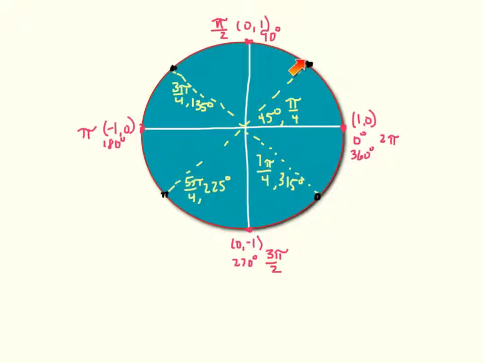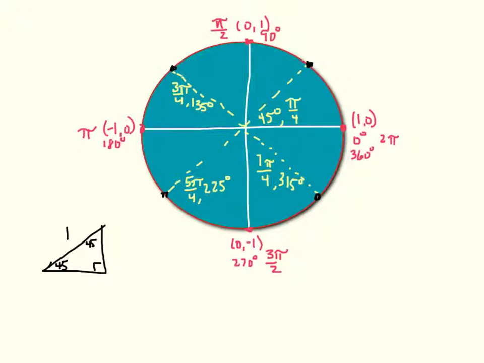I'm going to drop a 90-degree angle. This is 45, so this other angle must also be 45 degrees. The radius of the unit circle is 1, so that's my hypotenuse of this right triangle.